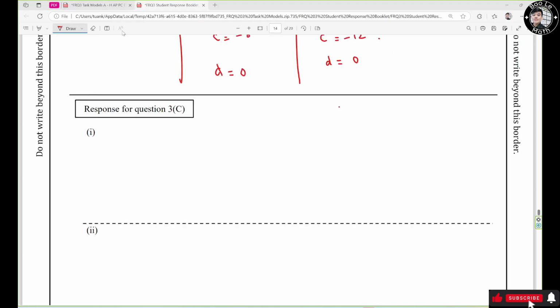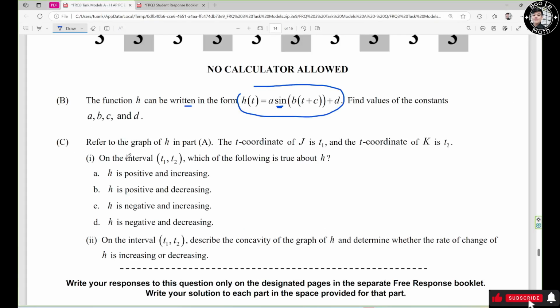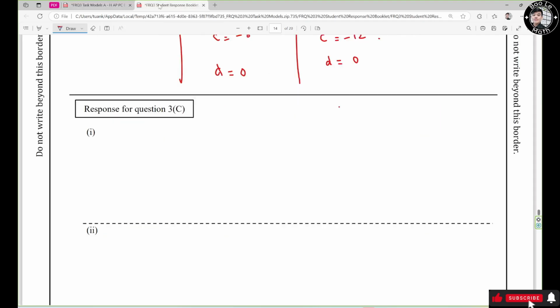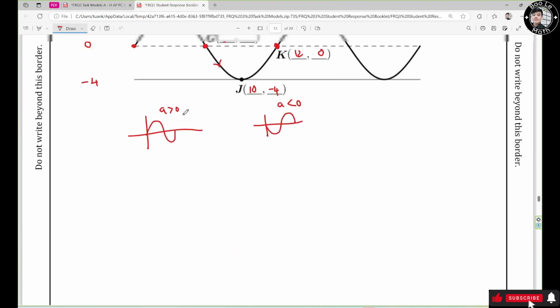Now let's move on to question C. Refer to the graph of the function h in part A. The t coordinate of point j is t1 and the t coordinate of point k is t2. We need to determine if the function is positive or negative, increasing or decreasing. So point j to point k, we refer to the graph right here.